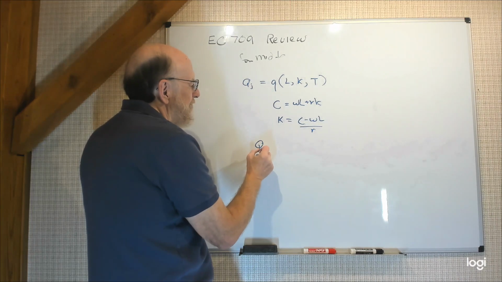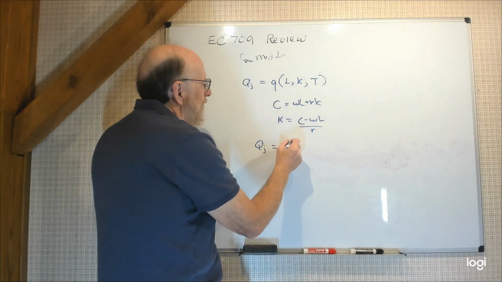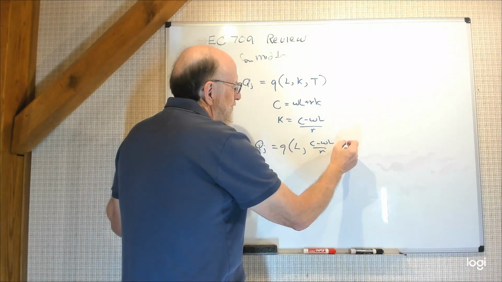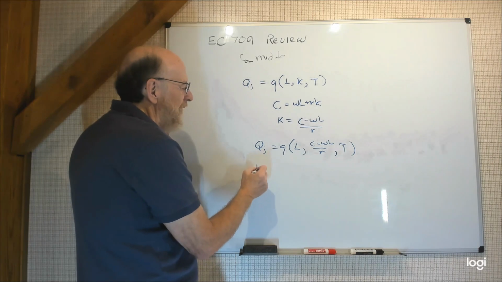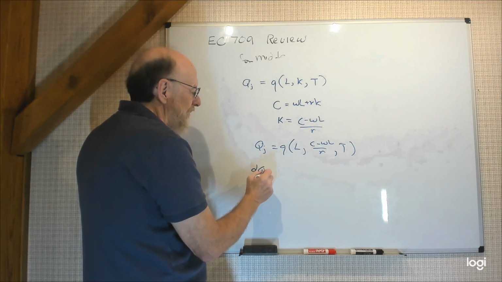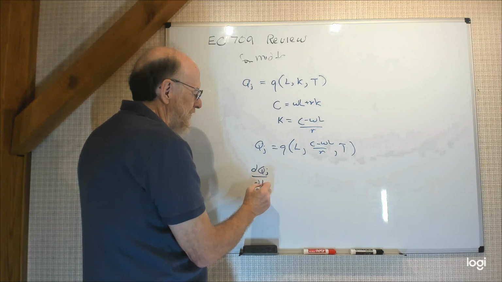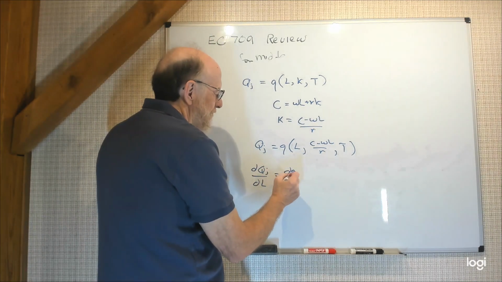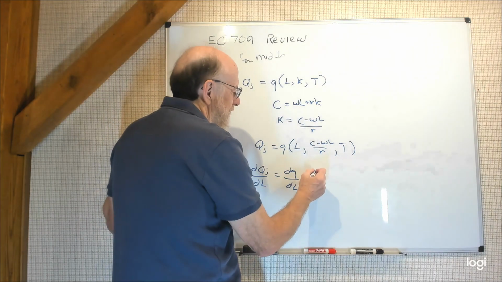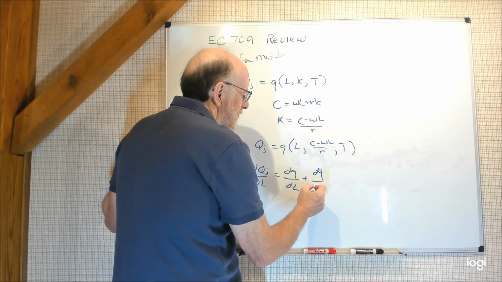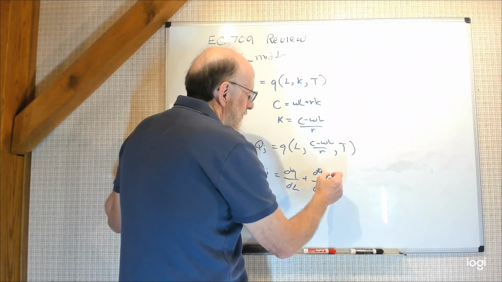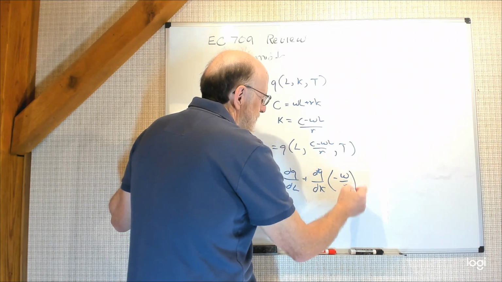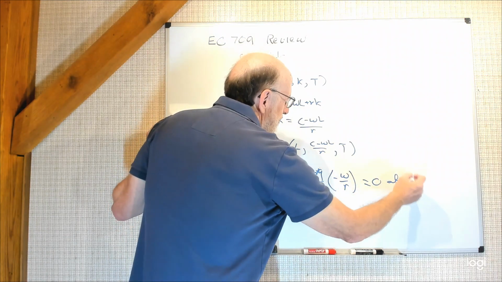So we can write Q equals Q of L comma C minus WL over R comma T as our production function. And then we're going to maximize this output with respect to labor. And that will require Q_L plus Q_K times minus W over R equals 0 at L star.